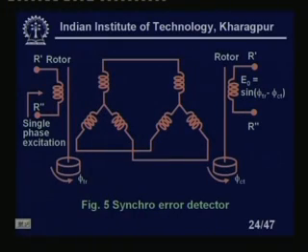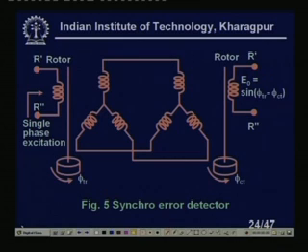This is what we talked about. Look very carefully: the stators are connected, each stator corresponding to the other. I have a rotor, and I have a single phase excitation here. Now, if these two rotors are in the same positions, I will get zero output voltage.